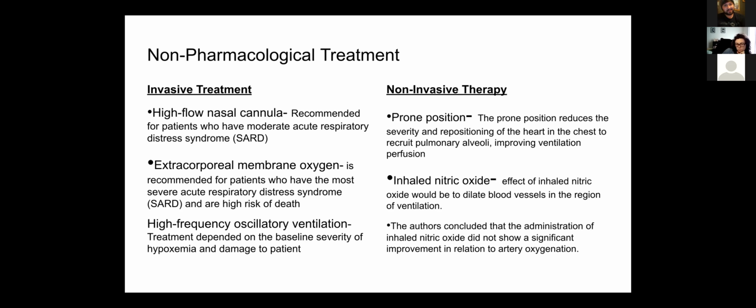It's recommended for people that have acute respiratory distress syndrome. What it is, is heated and modified air, and it has a number of benefits.